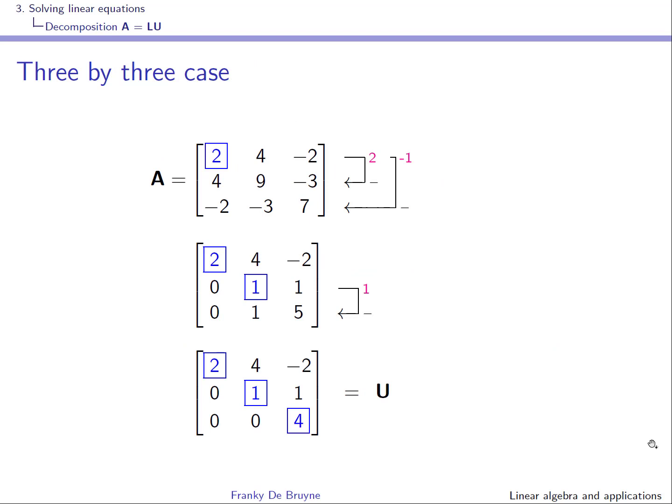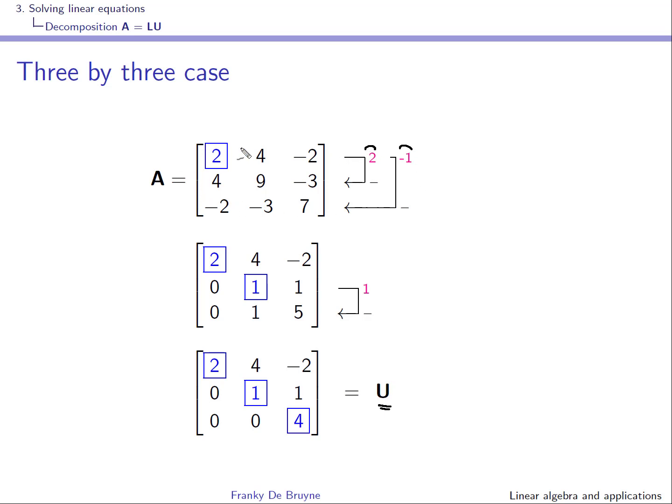So this is the exercise that we've been doing before. We want to bring A to an upper triangular form. In first instance we make zeros below the pivot, so the multipliers are the entries divided by the pivot. So this gives me a multiplier 2, 4 divided by 2, and a multiplier minus 1, minus 2 over 2.